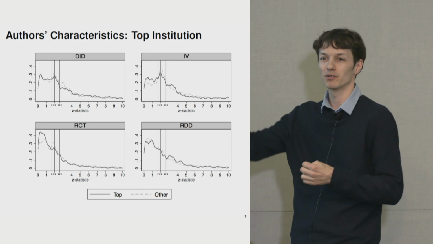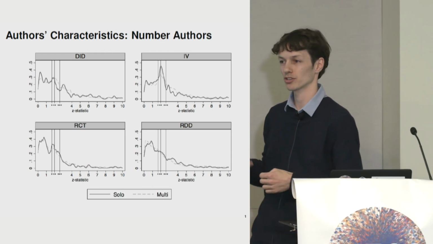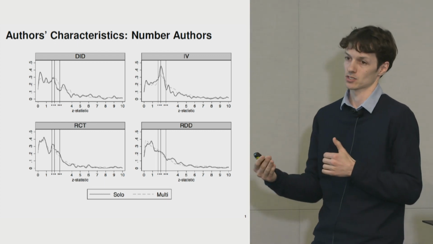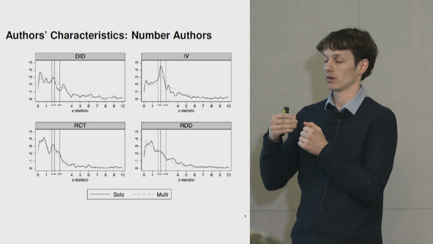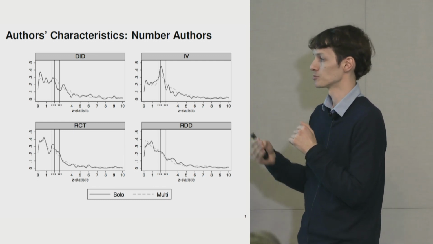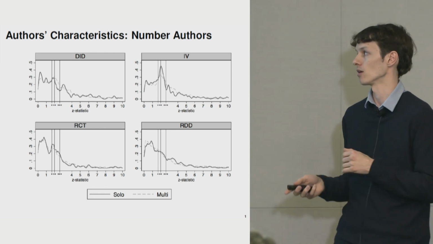But again, the pattern is very similar and doesn't seem to be explained by these characteristics. You can do it by number of authors, by gender, by many things. So now we're coding whether the author is really experienced, depending on when they finished their PhD, or whether they're tenured or not. I'm not going to show it to you. We're doing it right now.